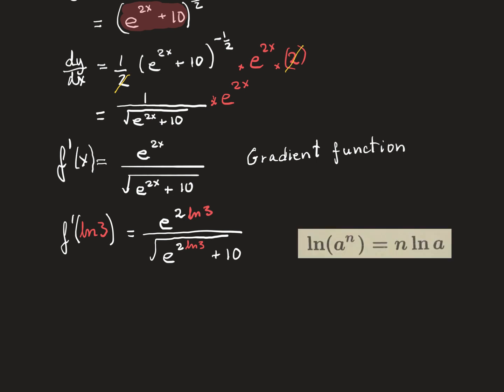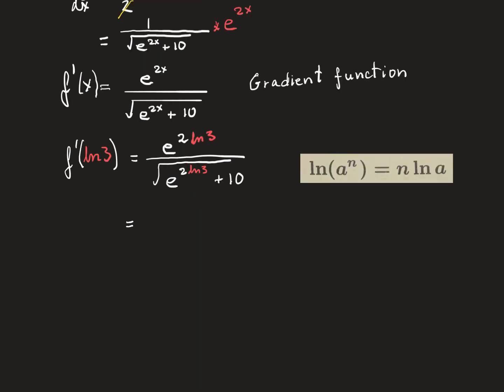And now I'm going to make use of this rule for natural logs to change this part here to ln3. And so this will give me e^(ln3) to the power of 2, and it will also give me here the same thing, e^(ln3) to the power of 2 plus 10.